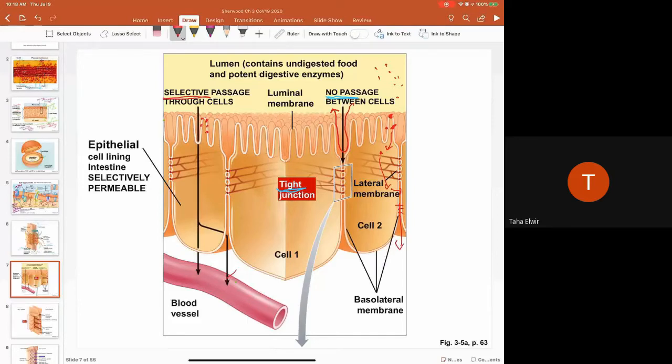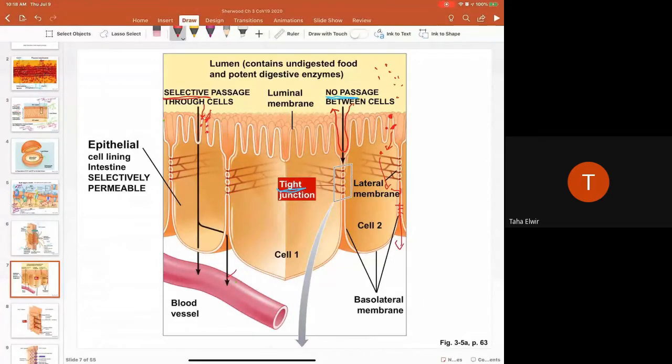You can get it in right away. That's what the microvilli is there for, is to increase surface area for absorption. And not everything that you have in your lumen does your body want to have in its bloodstream.